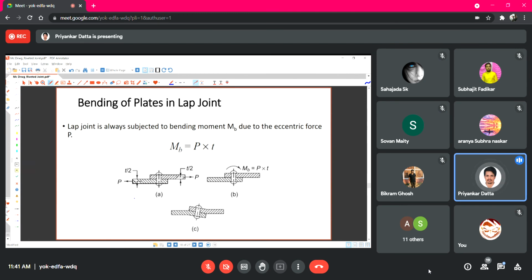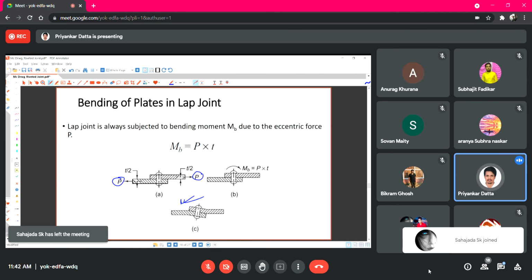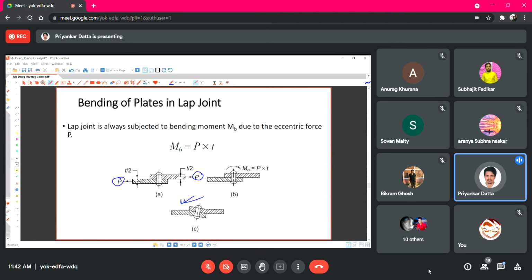For a lap joint, since two plates are joined lapping with each other, when they are pulled with some force P, the lines of action of those two forces are not collinear, so it creates some bending moment with respect to each rivet, and as a consequence there is a possibility of warping of that riveted joint. So where the force is extremely high or very large, to avoid this warping we generally use the butt joint.